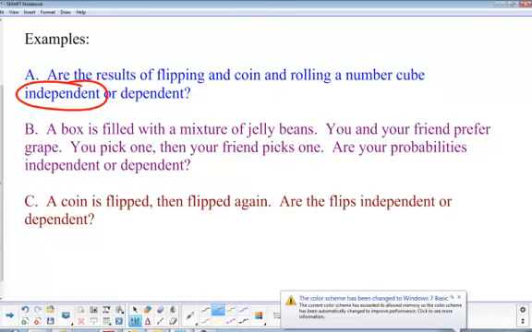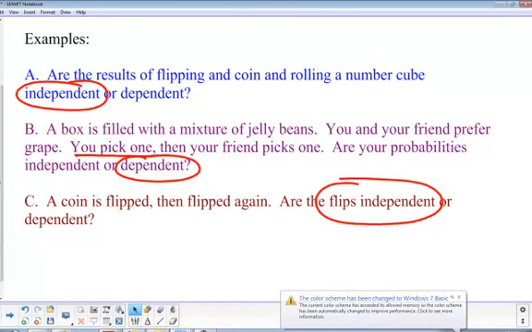So since you're picking one and then you're keeping it, those would depend on each other. Because if there were 100 jelly beans in there, you have 100 choices, your friend only has 99. A coin is flipped, and then the coin is flipped again. That is independent. It really does not matter what the first flip is. The second flip is independent of the first.